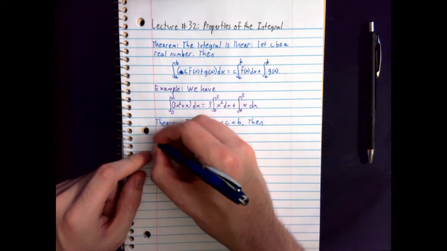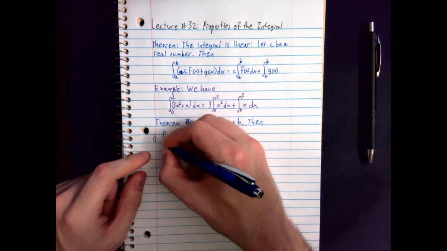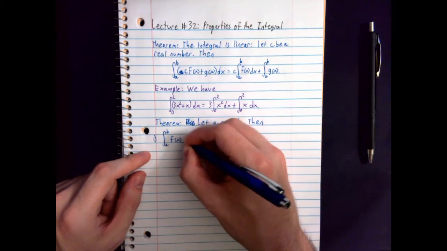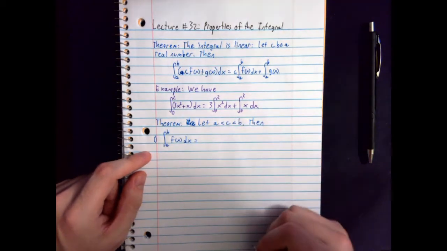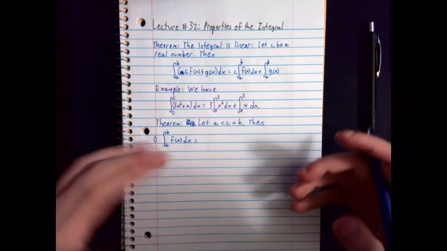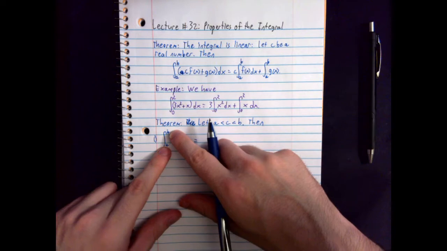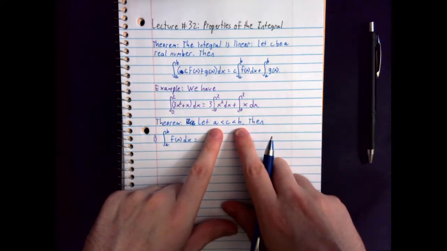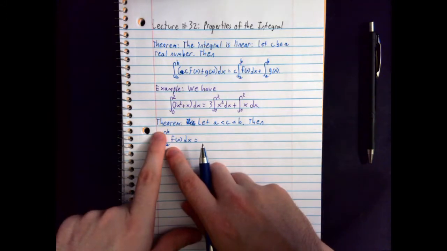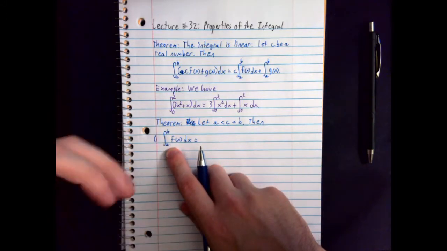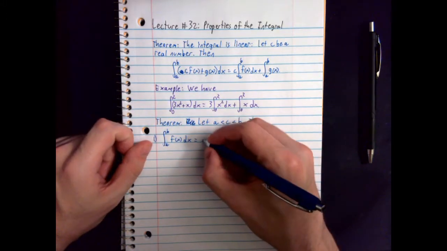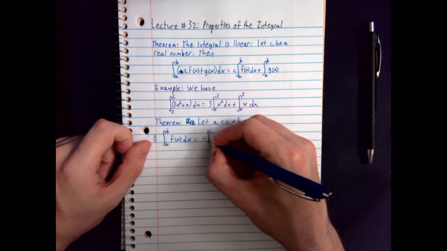So 1, the integral from a to b of f of x dx, this is equal to, and sometimes it happens in applications that your limits of integration are sort of backwards. You have the bigger number in the bottom limit and the smaller number in the top limit. So if you ever need to reverse the direction of the integral, reverse the order of these things, then all that happens is you pick up a negative sign.